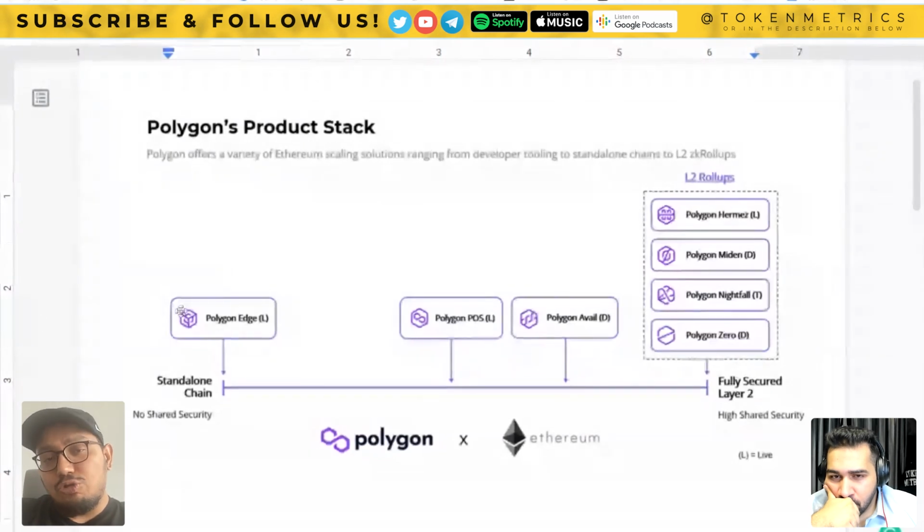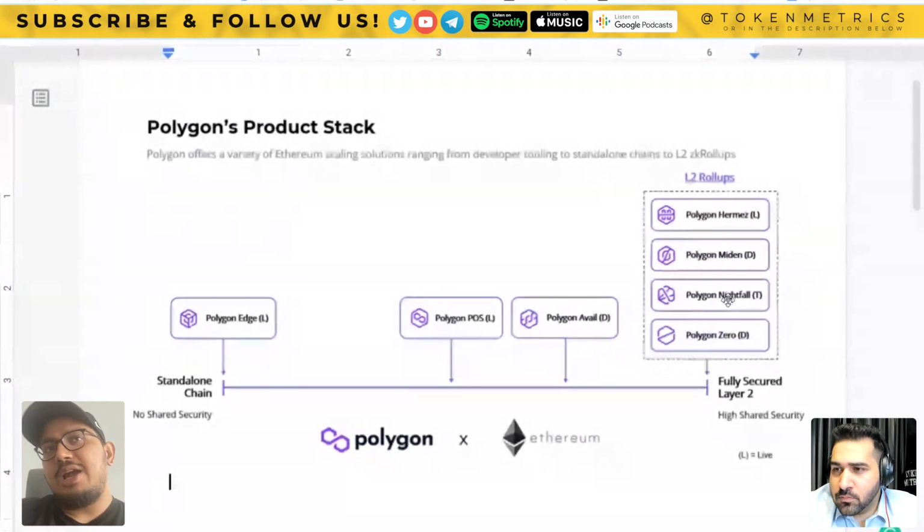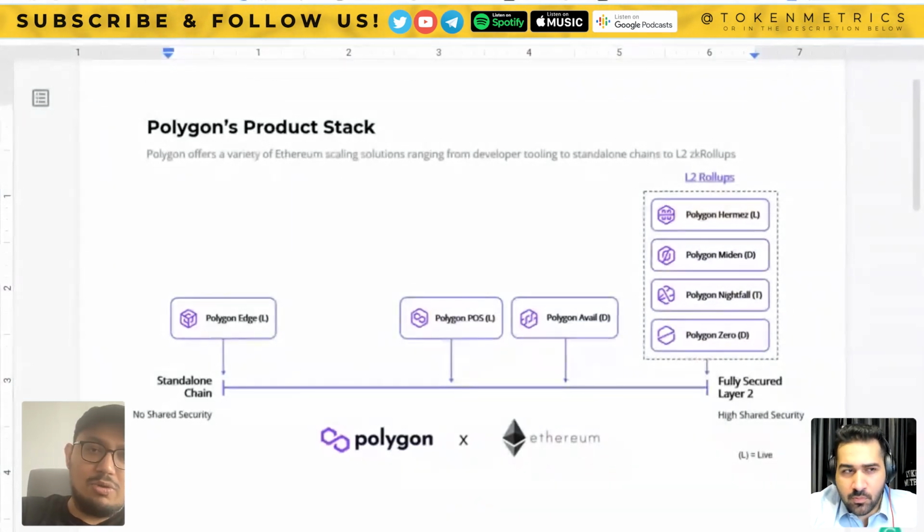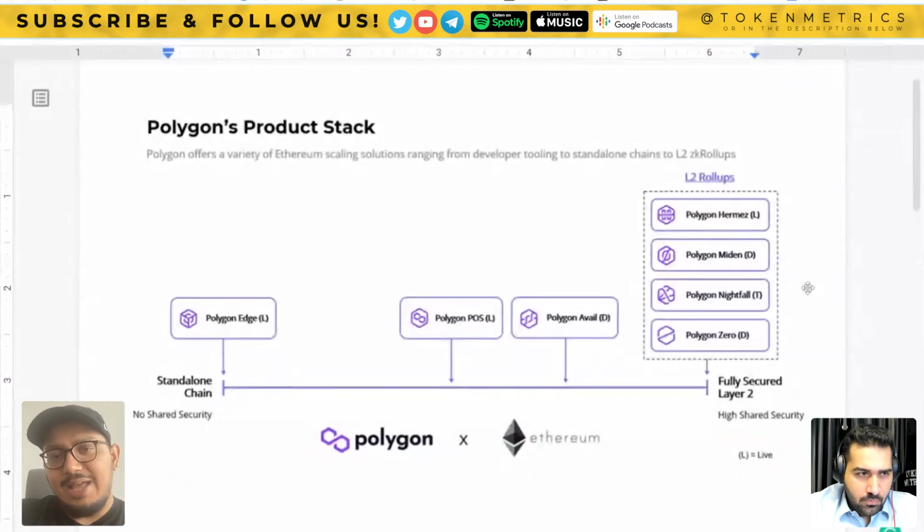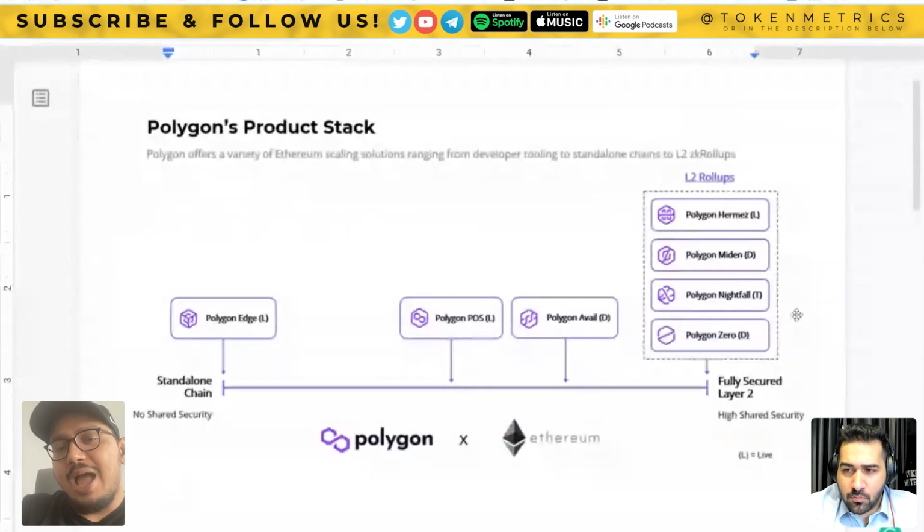So that also adds to the network effects of Ethereum. And on the right extreme, where this is fully secured layer 2, that means everything is being pushed back onto Ethereum. The proof, the security, and everything is coming from Ethereum. Which adds a lot of value to Ethereum, obviously, and hence it helps in scaling Ethereum. So we want to be present across the stack.